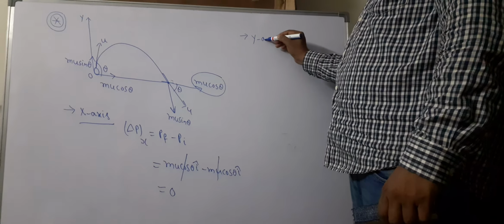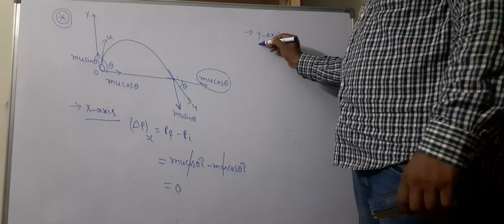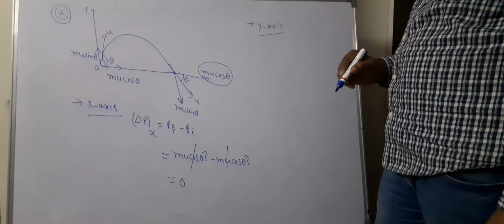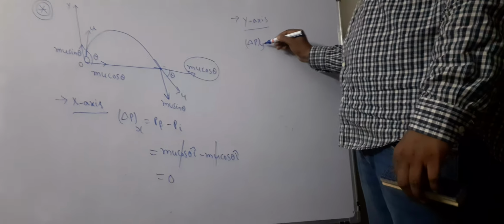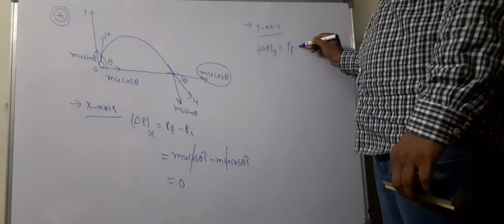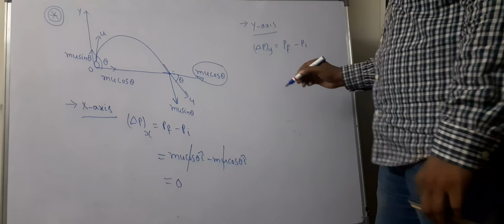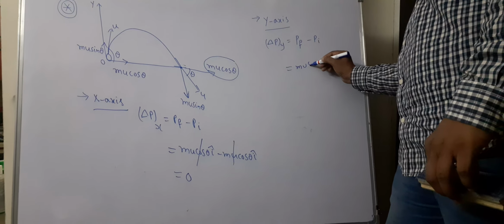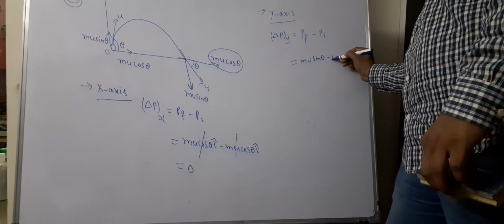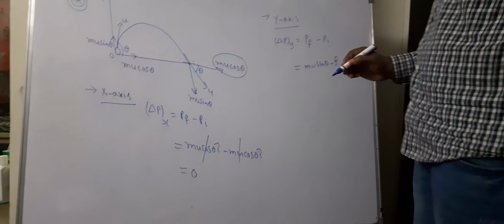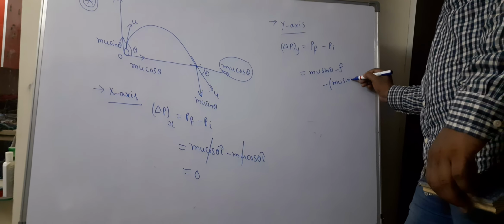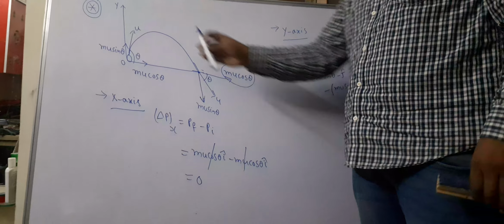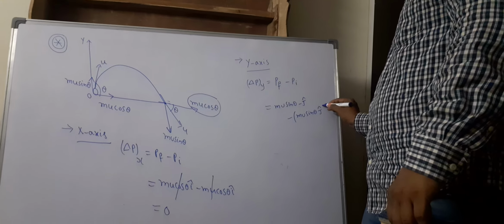Next, I discuss along the y-axis. Change in momentum along the y-axis is final momentum minus initial momentum. The final momentum is mu sin theta acting downward, that is negative y-axis, minus the initial mu sin theta along the positive y-axis, that is j cap.